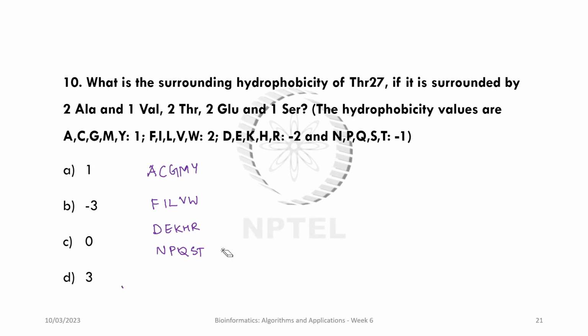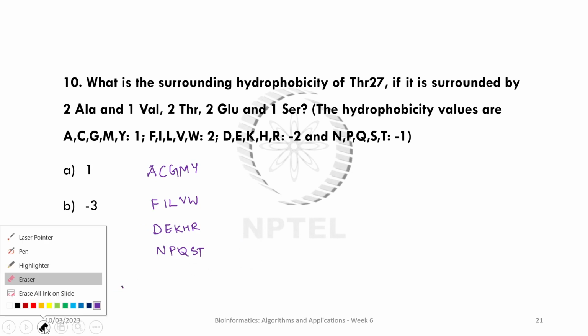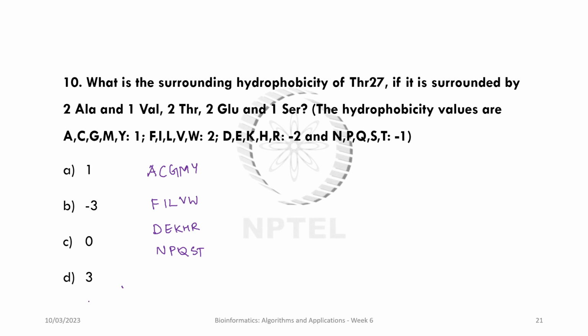I don't know why it's not erasing the other one, but this is 1, this is 2, this is -2, -1.